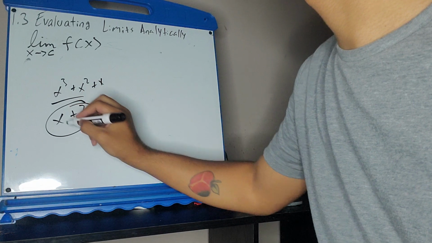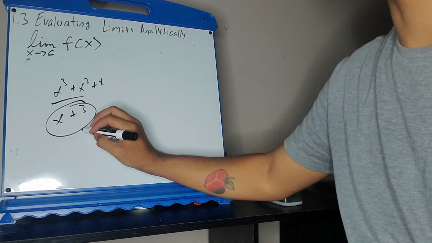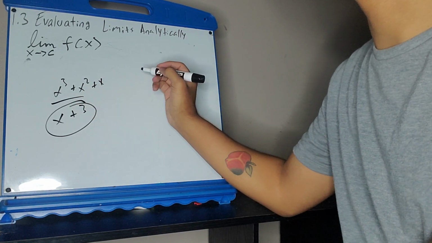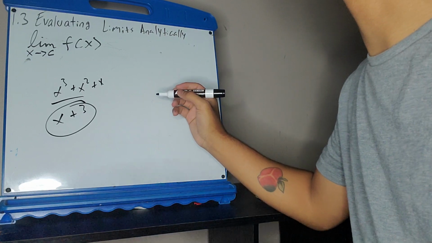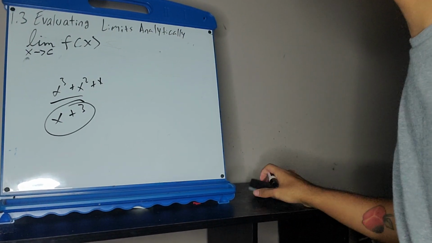We can find a way to prevent this from equaling 0. We'll be able to evaluate just about any limit.